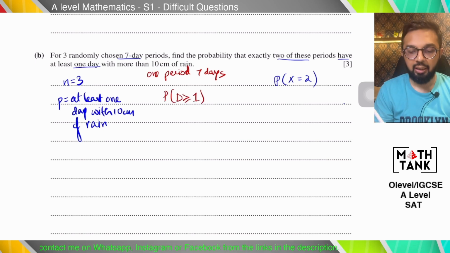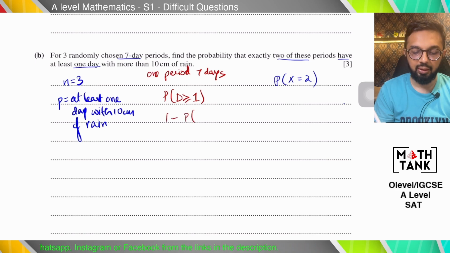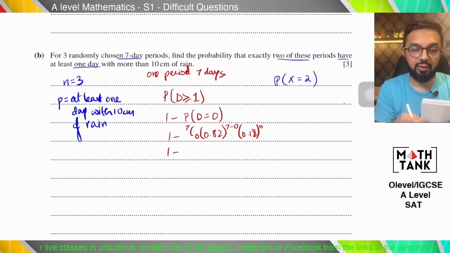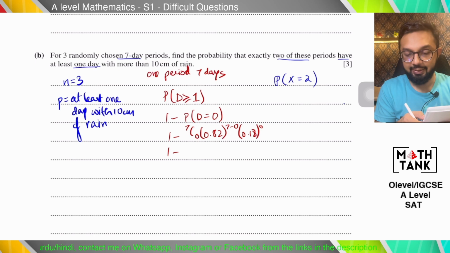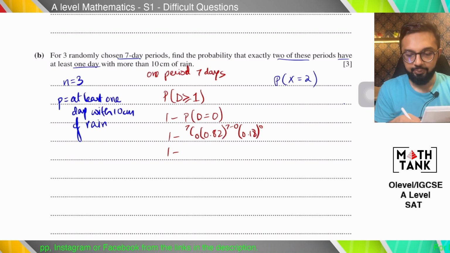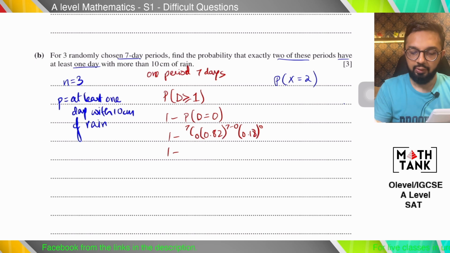How do I get days greater than or equal to 1? I subtract the probability of days equal to 0. So 7c0, 0.82 power 7 minus 0, and 0.18 power 0. So this is the first binomial, the success from one period feeding into another period. I'm getting 0.75075.